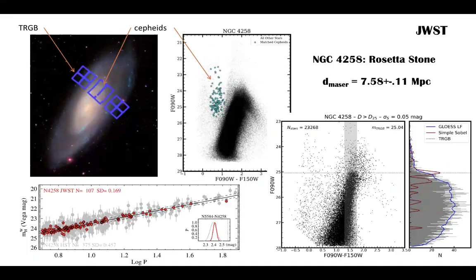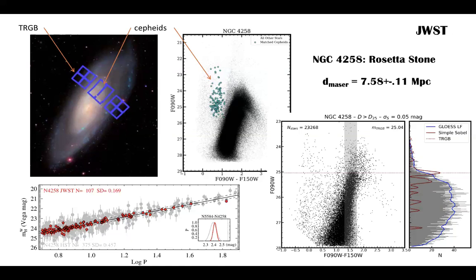Now, I call it a Rosetta Stone because there's a whole bunch of ways of using that. For example, there are Cepheids. So Adam Riess and his gang have these observations that we see in these. These are the JWST positions of the camera, and you can see that in this central region, he's measuring Cepheids that we're seeing in his color magnitude diagram over here. And in these outer regions, we pick up tip of the red giant branch distances.